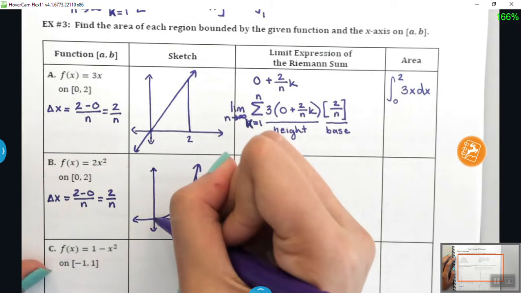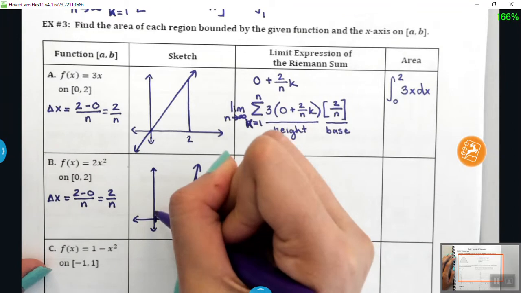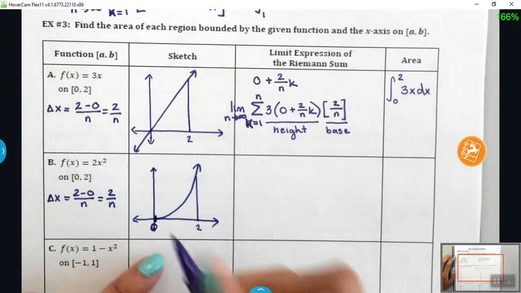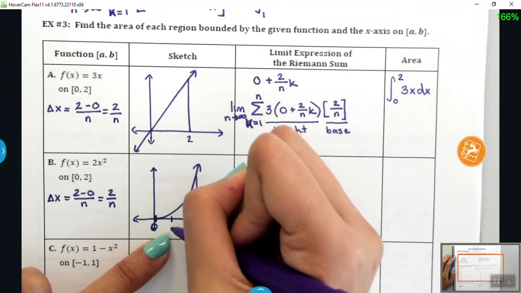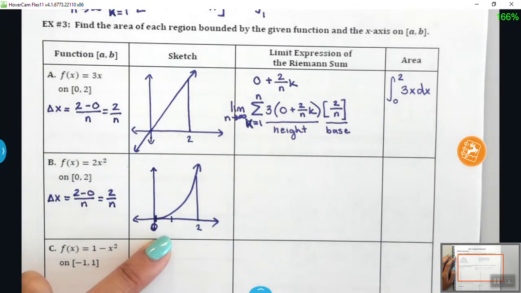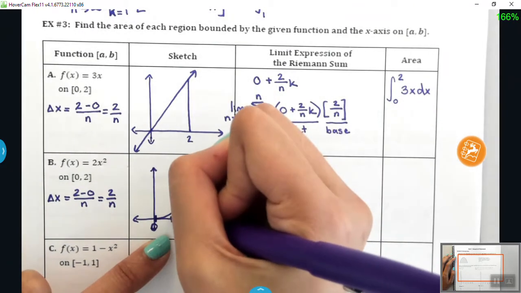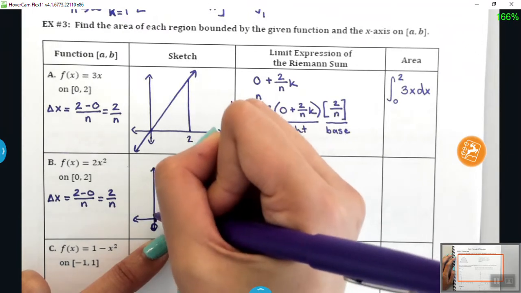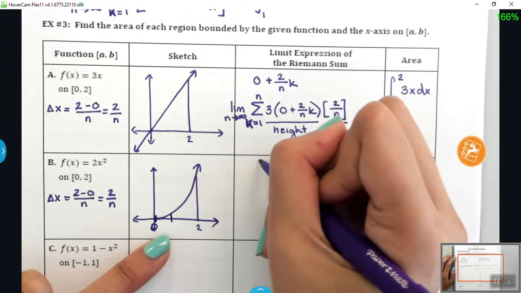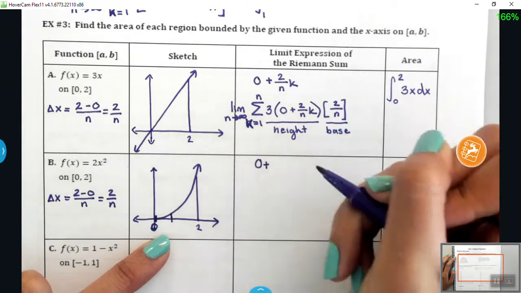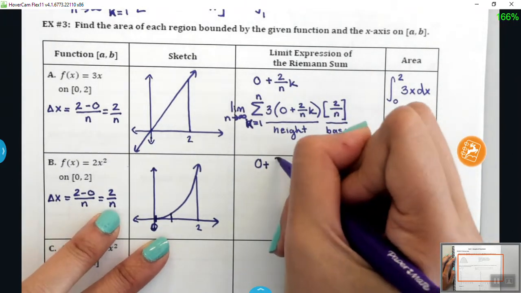We start at 0. Here we are at 0, right? And I want to do a right-hand Riemann sum, so I'm trying to get to this point, the first sub-interval, so I can go up and then draw a rectangle over, right? This point would be 0 plus 1 increment, 2 over n.